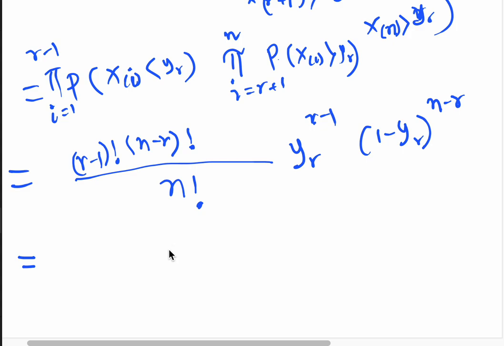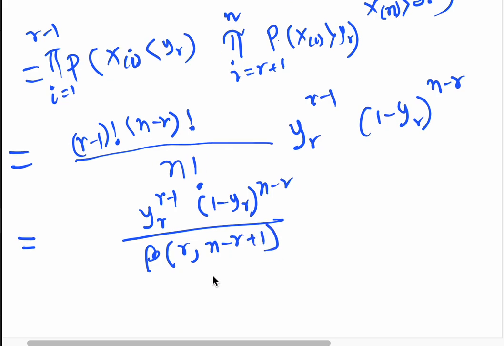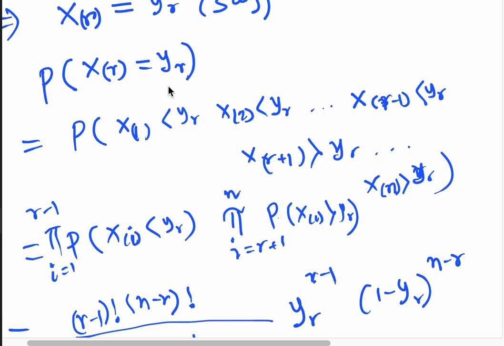So basically this is y to the power r minus 1, 1 minus y to the power n minus r, divided by the beta function beta of r comma n minus r plus 1.